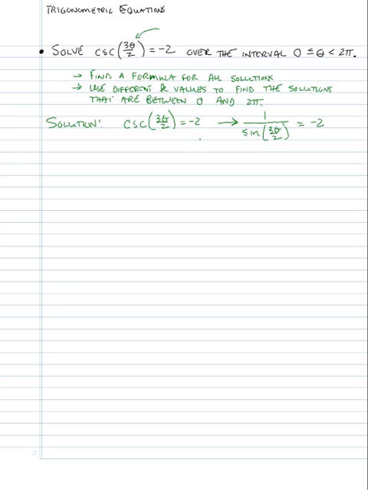And now let's move clear back over here. Now I'm going to multiply both sides by the sine of 3 theta over 2 so I don't have it in a denominator. And when I do that, I'll end up with 1 only on the left side and -2 times the sine of 3 theta over 2 on the right.